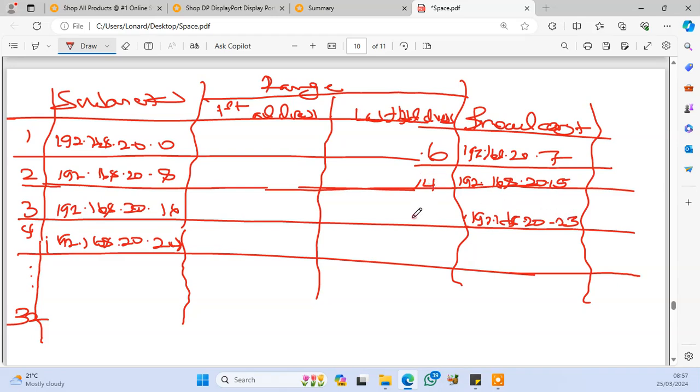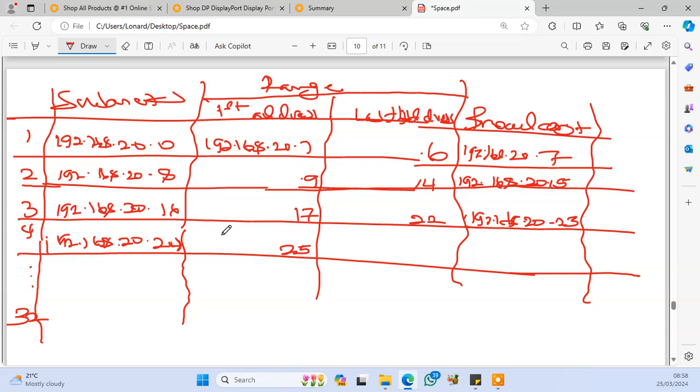If I subtract one, it will be 22. If I add one here, it will be 192.168.20.1. If I add one here, it will be dot 9. If I add one here, it will be dot 17. Even here, if I add one, it will be dot 25.